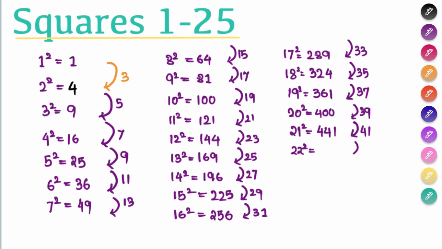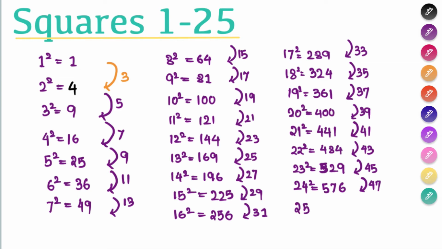22 square, we increase by 43, that is 484. 23 square, we increase by 45, that gives us 529, my bad. 24 square, we increase by 47, that gives us 576. 25 square, we increase by 49, that gives us 625.